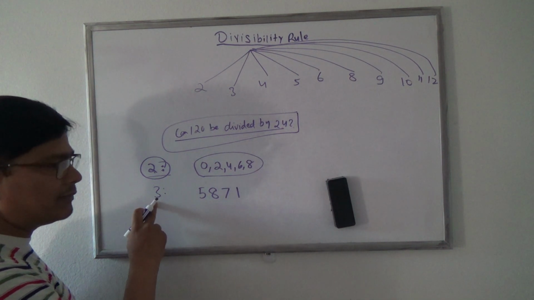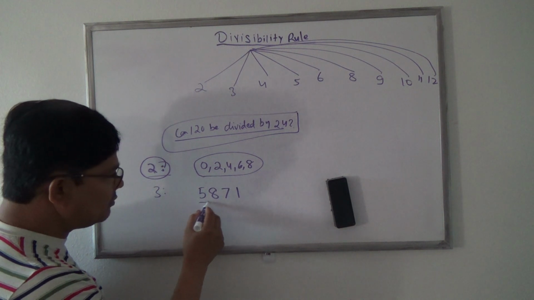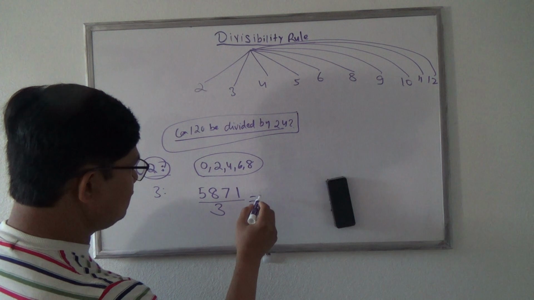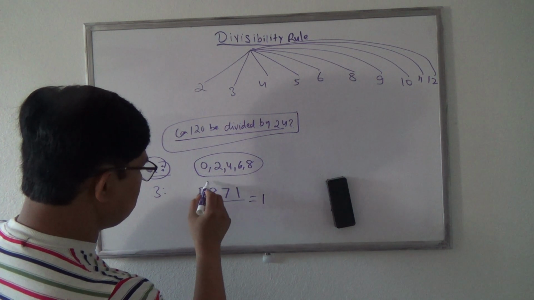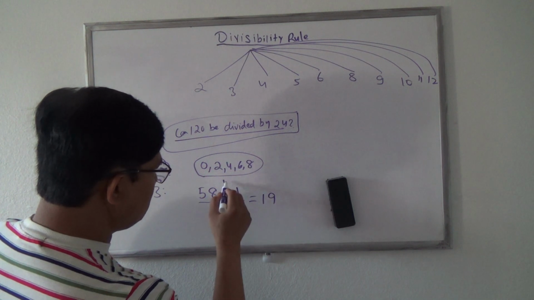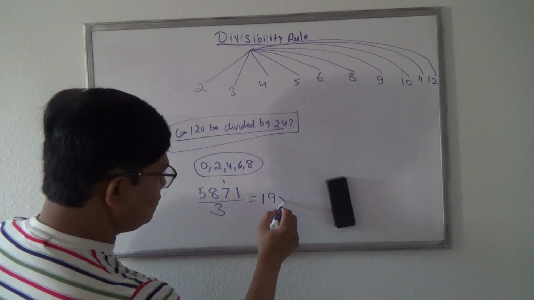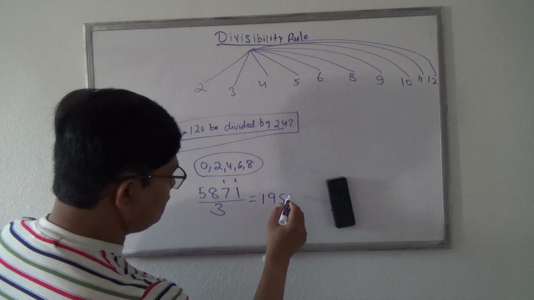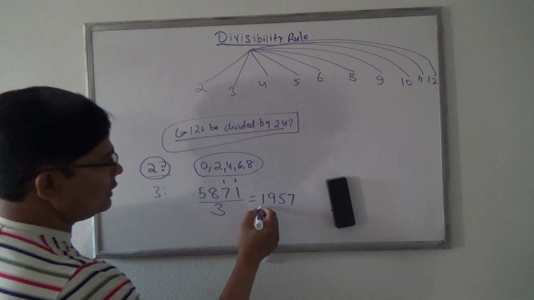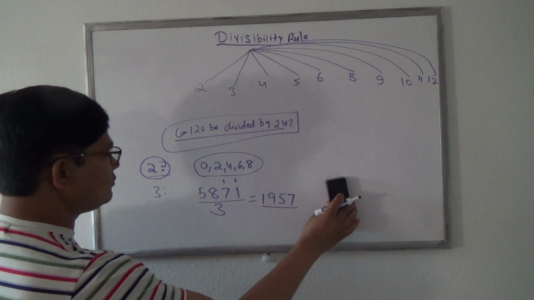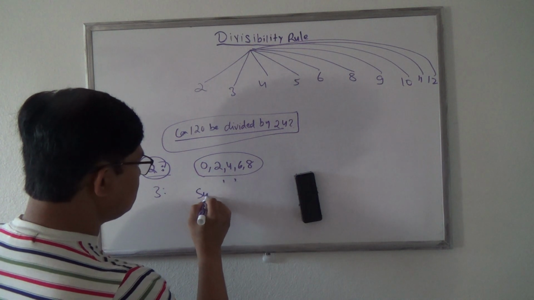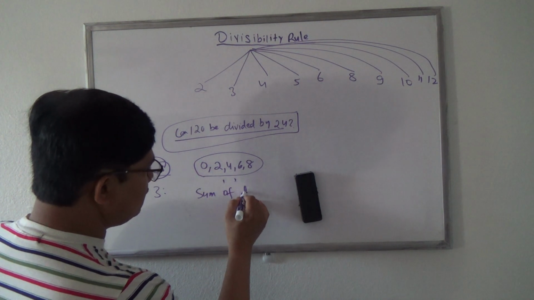Since 21 can be divided by 3, this whole number can be divided by 3, and 1957 is the answer. So for 3 you have to take the sum of digits.